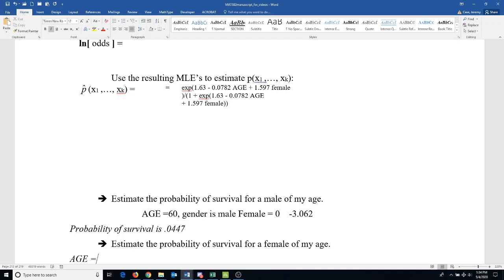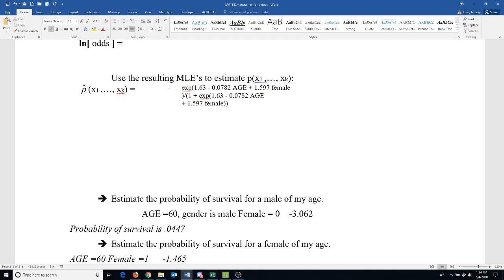All right, let's try the female of my age that I'm lying about. Age is 60 and female equals 1. So again, I'd have 1.63 minus 0.0782 times 60 plus 1.597. Man, the female adds a year and a half. Well, I don't even know that because I have to figure out the exponential. So that's going to add something to me. That gives me negative 1.465.